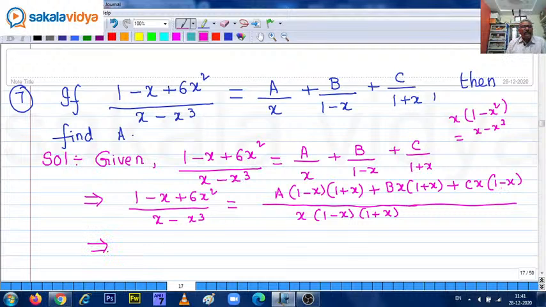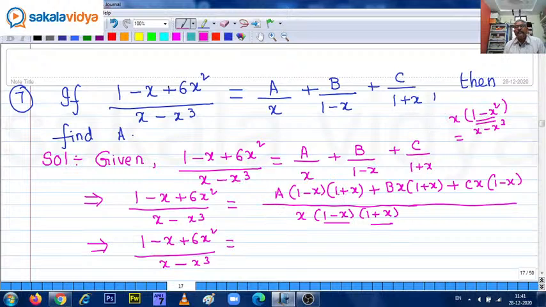So now this equals 1 minus x plus 6x square upon x minus x cube. Now 1 minus x into 1 plus x is 1 minus x square, into x, that is x minus x cube.